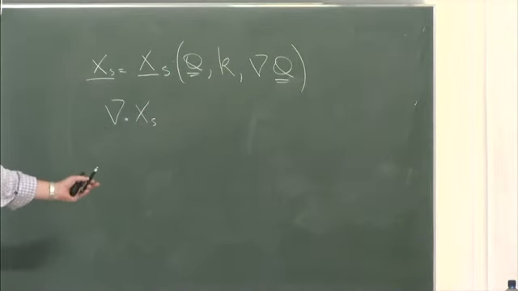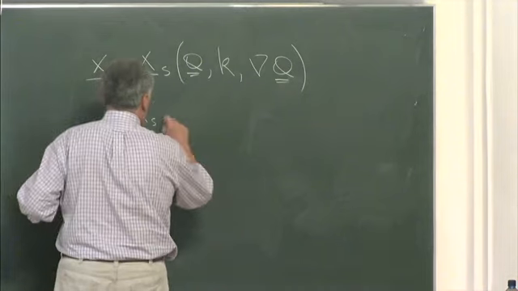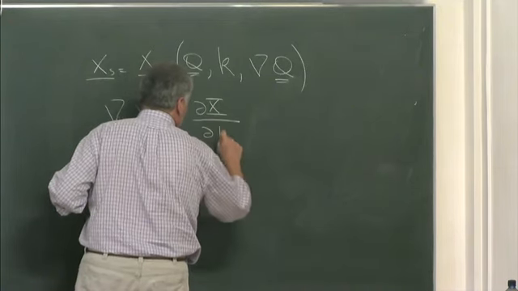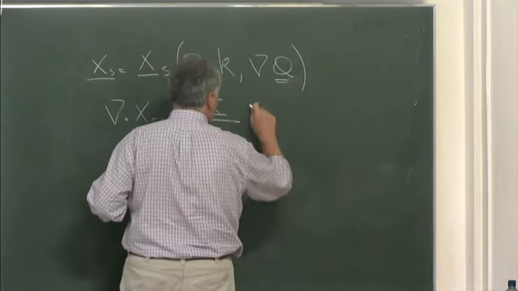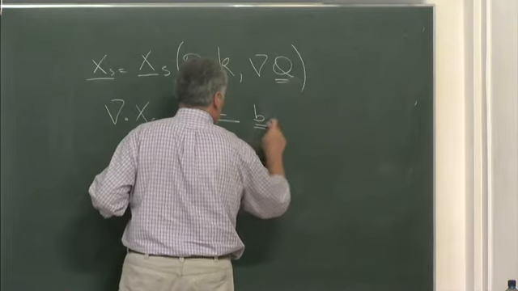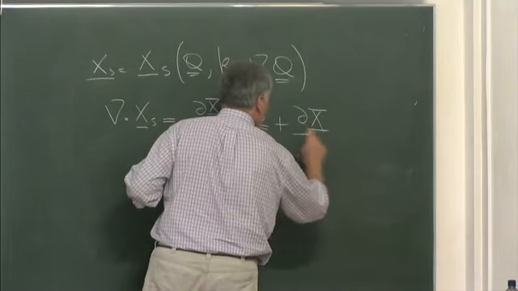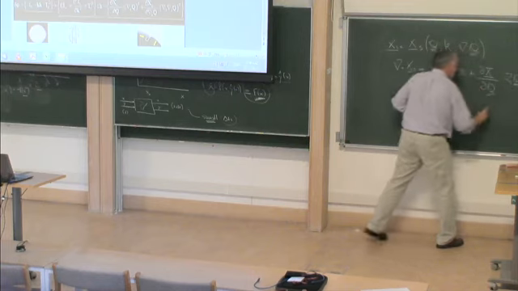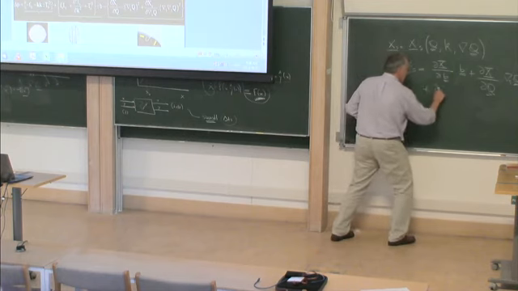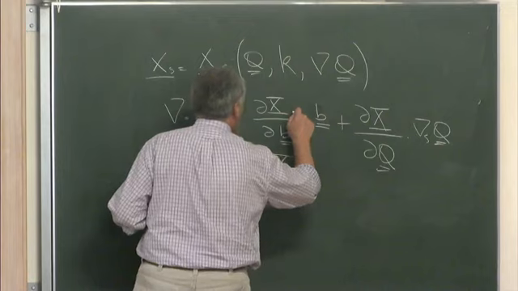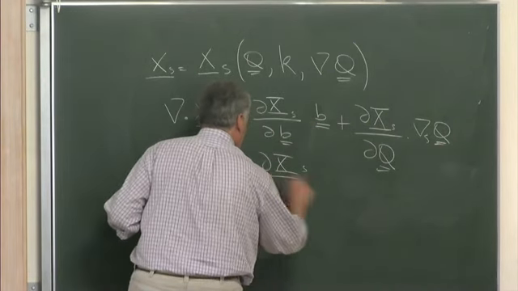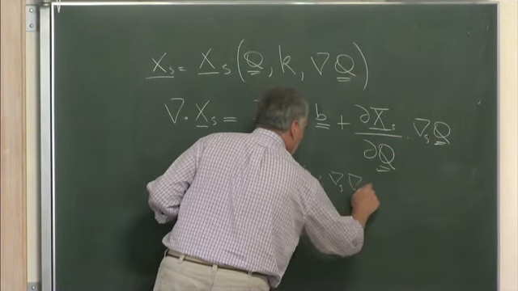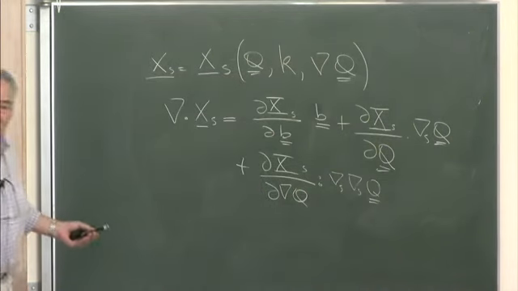That's the capillary pressure. And the divergence, according to the definition, is you expand it in terms of all the variables it depends on. Just expand it.